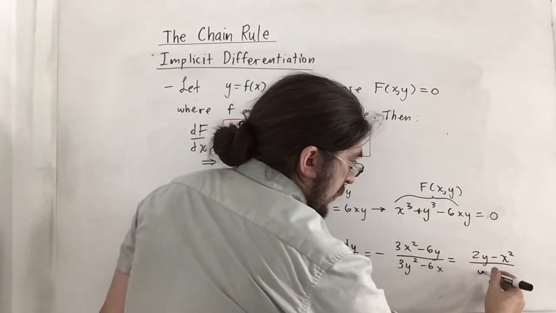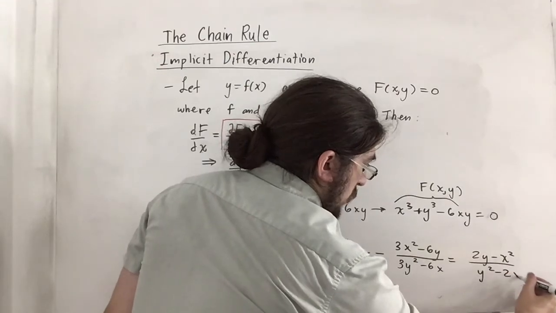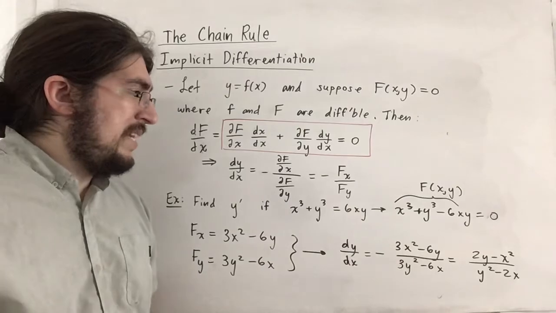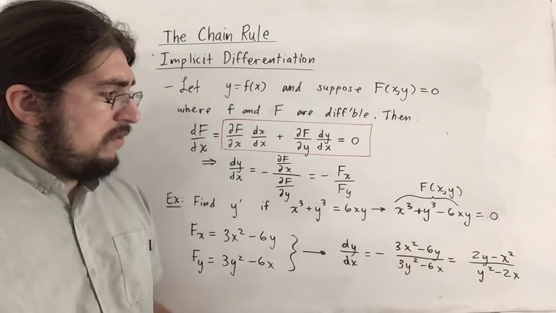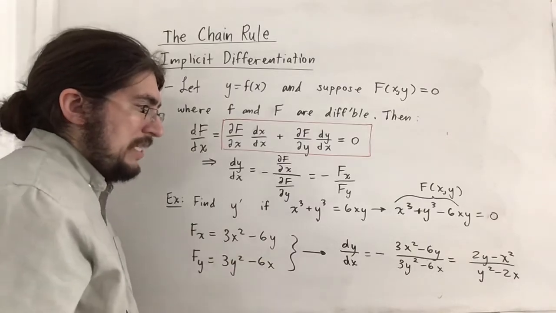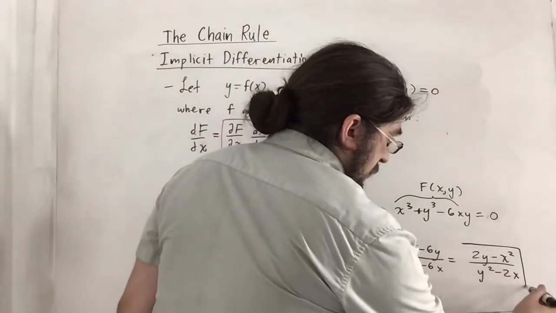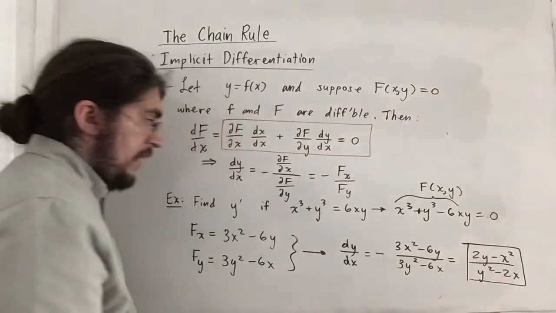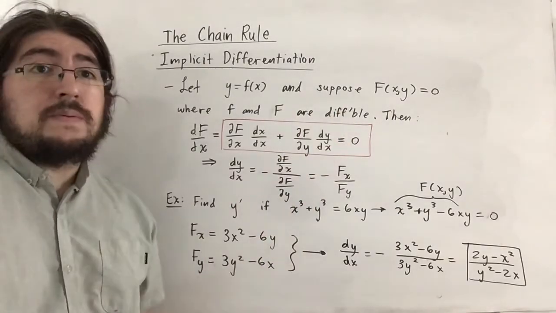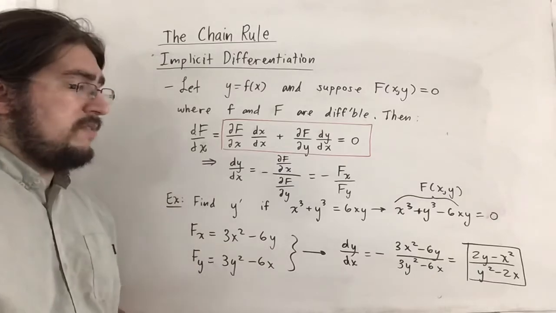The denominator is y squared minus 2x. So notice I just swapped the difference on top, I distributed the negative in, and then divided each coefficient by 3. Awesome. So I think that's all I want to say as far as that one goes. That was kind of nice. It's a quick way of finding the derivative dy dx, again using what we've developed with functions of two variables.